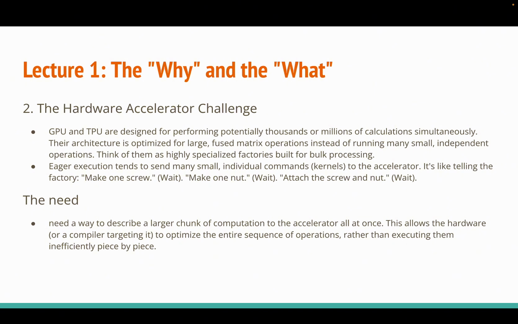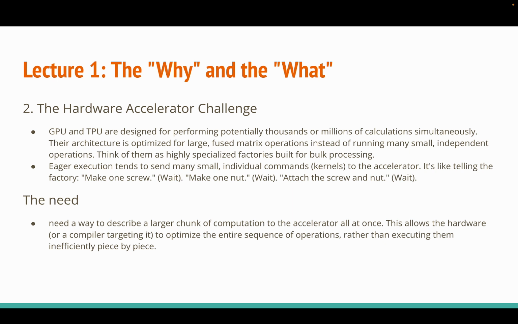Eager execution tends to send many small individual commands to the accelerator. It's like telling a factory, first make a screw, then the factory makes the screw for you, and then waits for the next instruction, and then you say make one knot. Then the factory will prepare for making a knot and then make a knot for you.